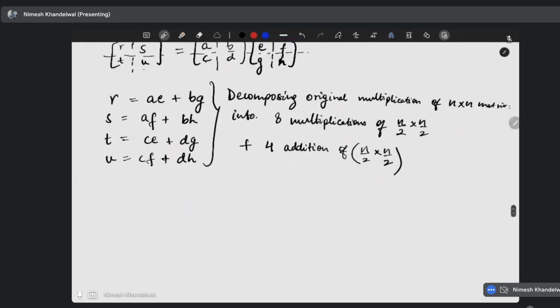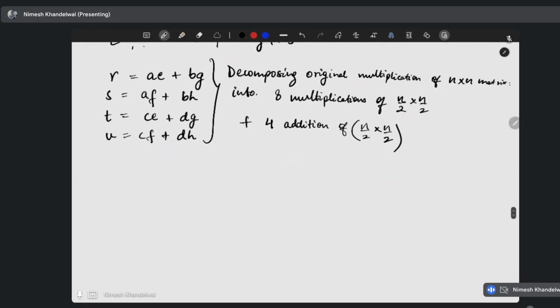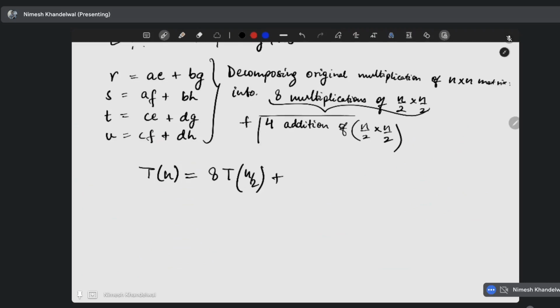So this is basically a recursion, because then these 8 multiplications also have to be performed using this kind of decomposition. So the runtime for a multiplication is the runtime of 8 multiplications of n by 2 size plus the runtime of 4 additions.